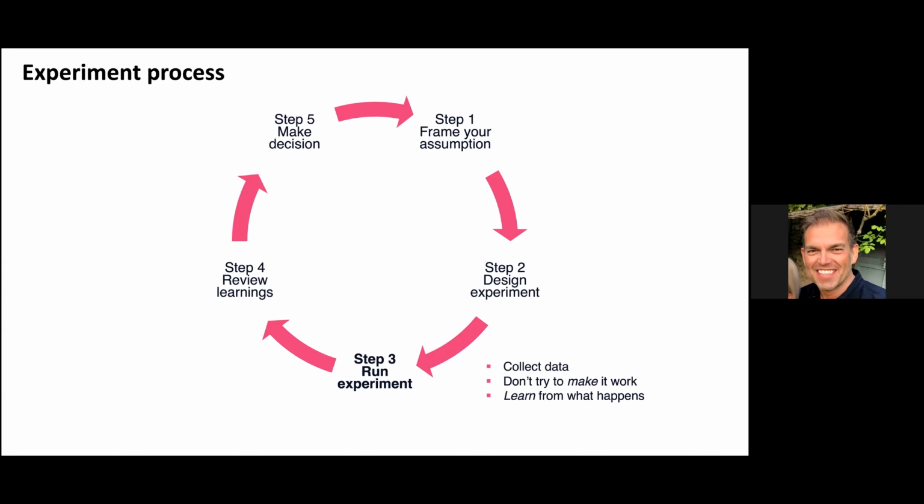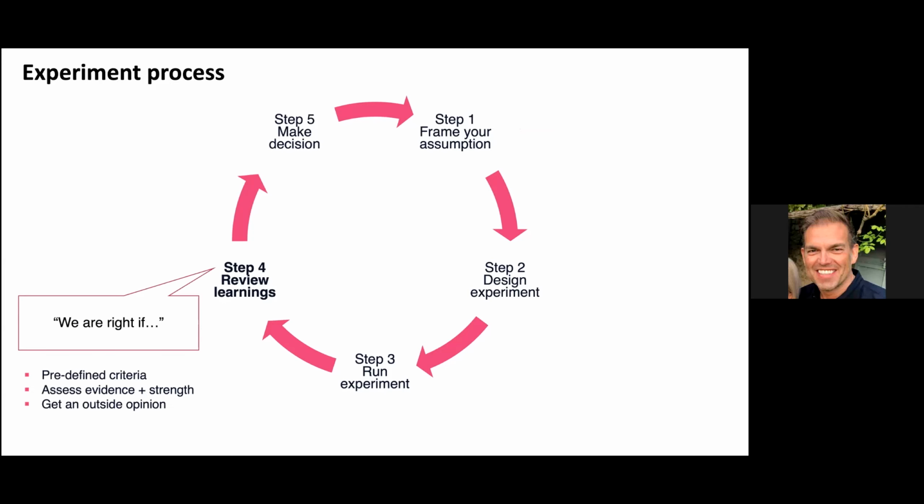Step 3, run the experiment, collect data. This is very important, don't try and make it work, learn from what happens. Step 4, review those learnings. We're right if, you know, you've got a predefined criteria of success.